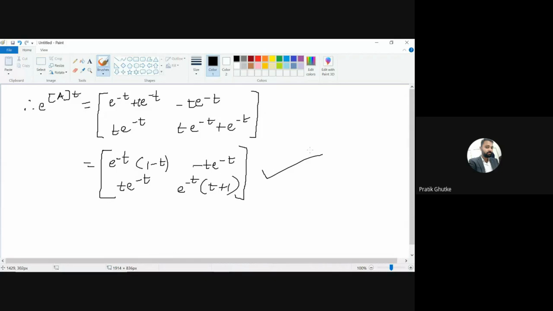So my state transition matrix would be e raised to minus t, 1 minus t, minus t e raised to minus t, t e raised to minus t, and then e raised to minus t in bracket t plus 1. So like this, we have calculated the state transition matrix for the given numerical. Okay.